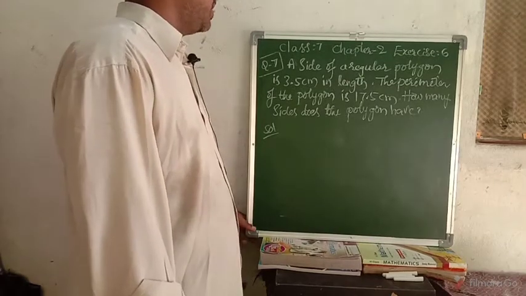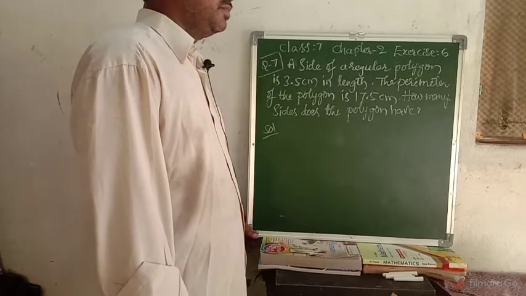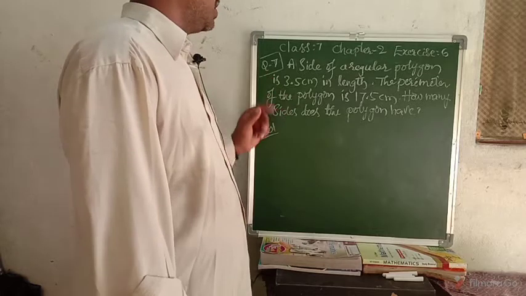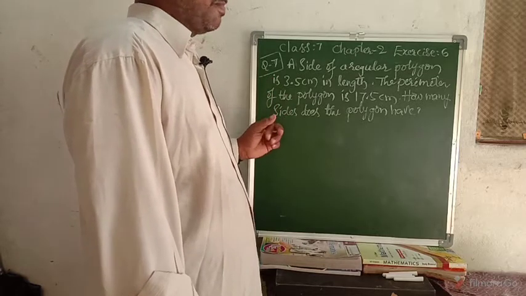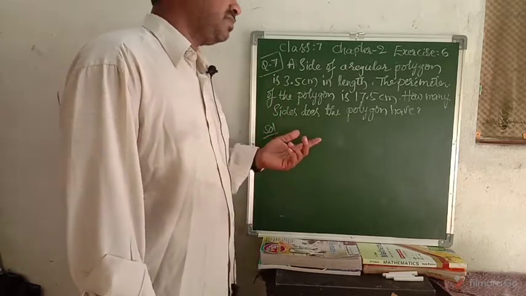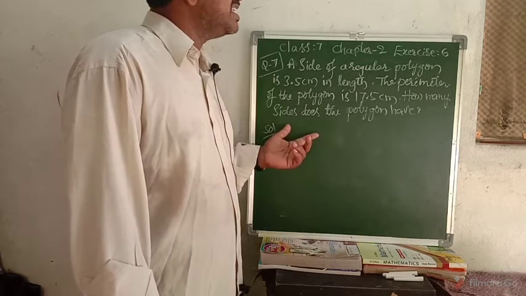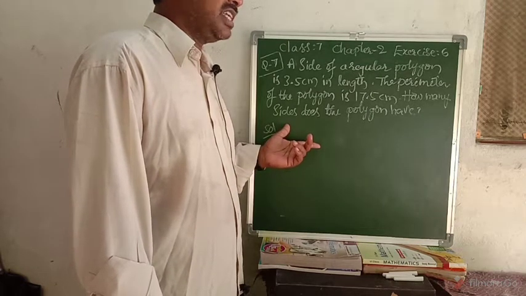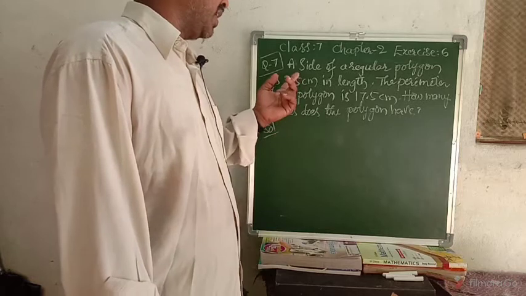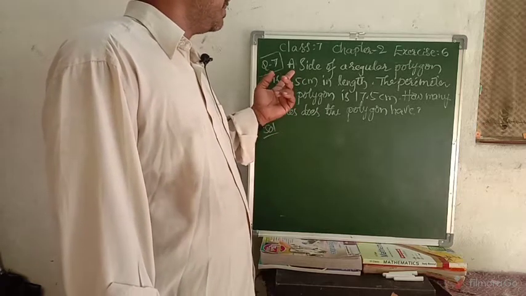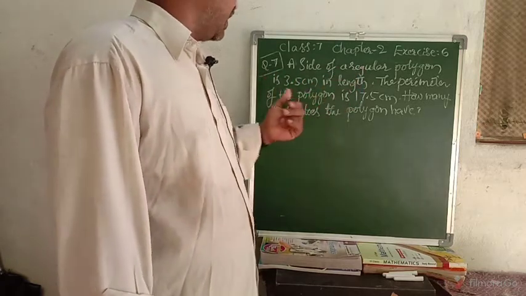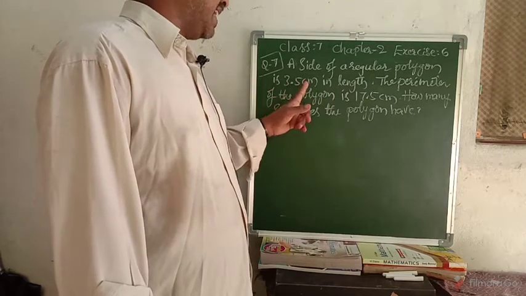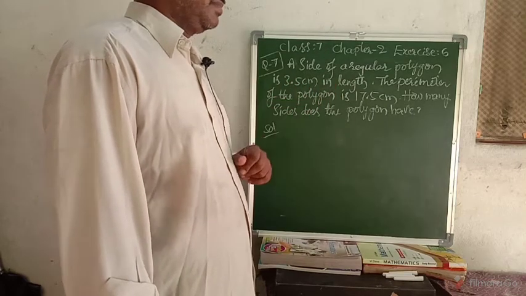After completion of question number 4, we go for question number 7 in the same exercise. It is a word problem on division of decimal numbers. We'll go into the question. A side of a regular polygon is 3.5 centimeters in length.